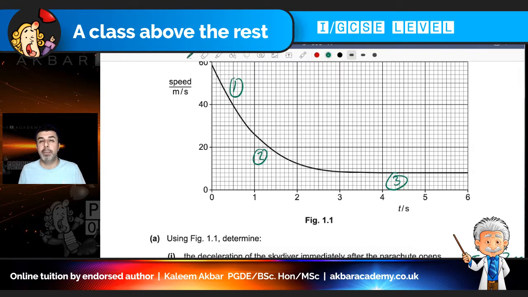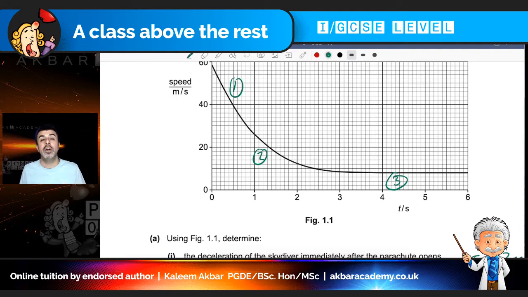If you look at number 1, the skydiver's rapidly decelerating at the beginning. Why? Well, basically, air resistance is much, much bigger than the skydiver's weight. He's pulled the parachute. Now, if you look towards number 2, the skydiver is still slowing down, but at a smaller rate than at the beginning.